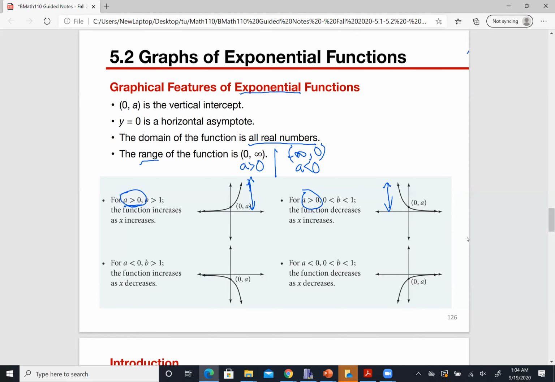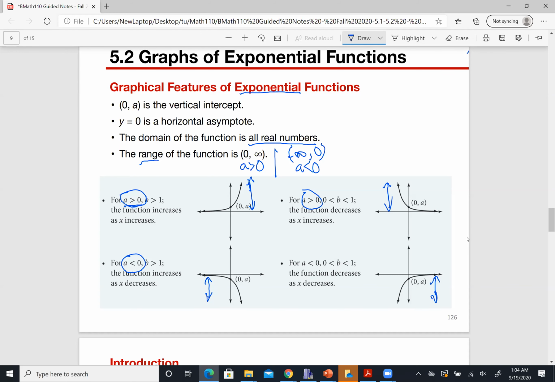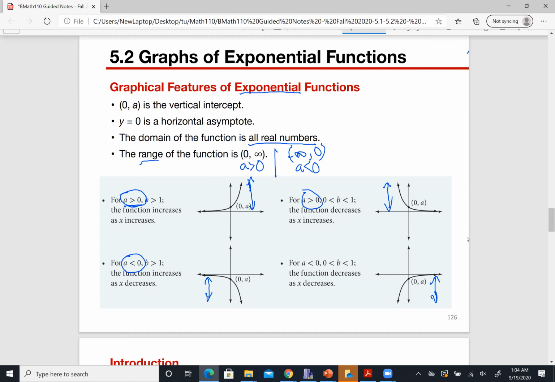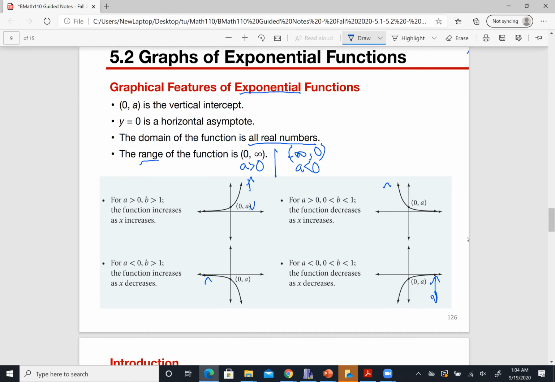But for a less than 0, the graph is going down from 0 to negative infinity. Remember that it's not equal to 0. So that is the thing for the range.